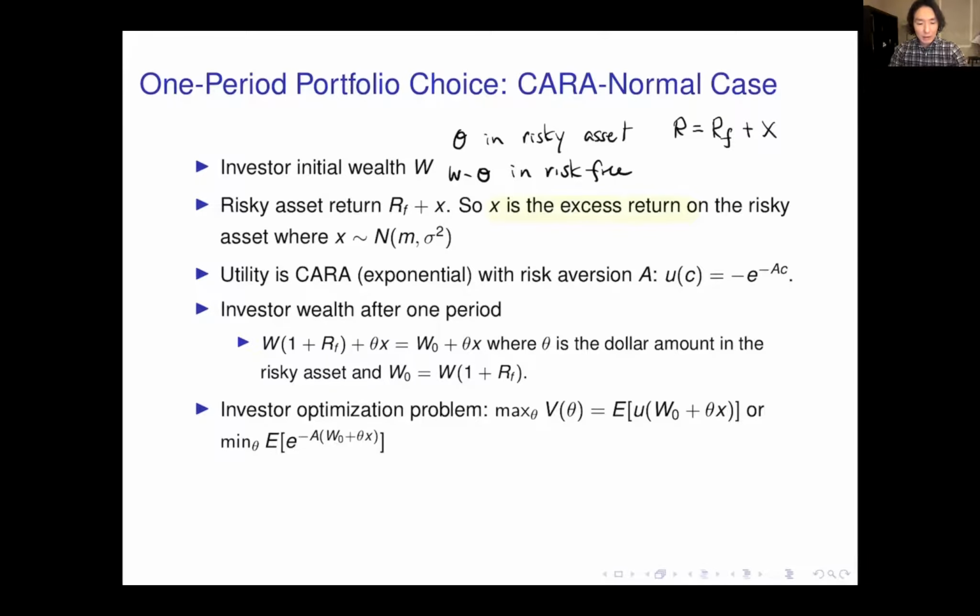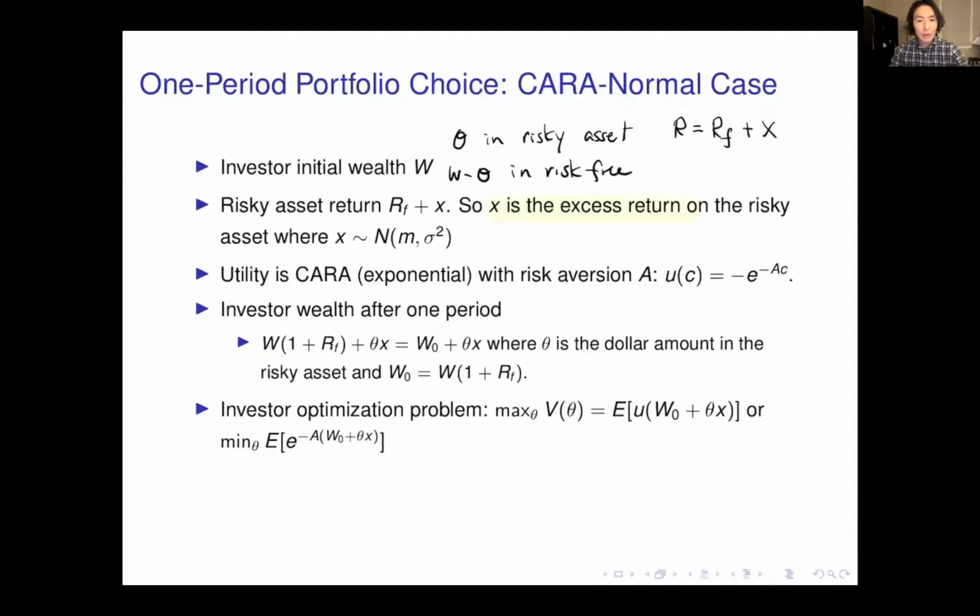And as I said, we assume the utility function is CARA or exponential with risk aversion coefficient A. In that case, the utility function is U of C equals negative of exponential of negative A times C.